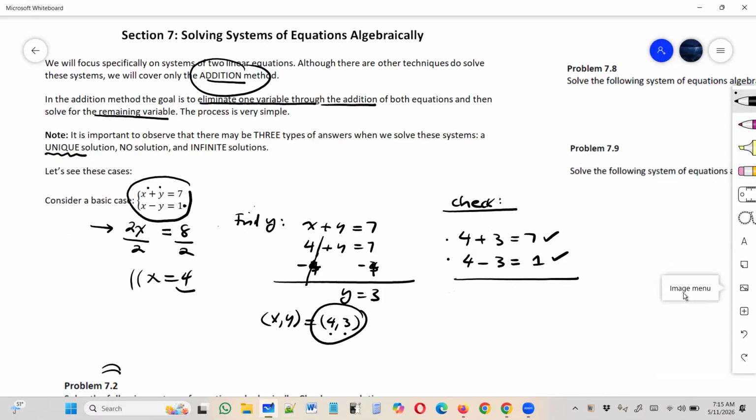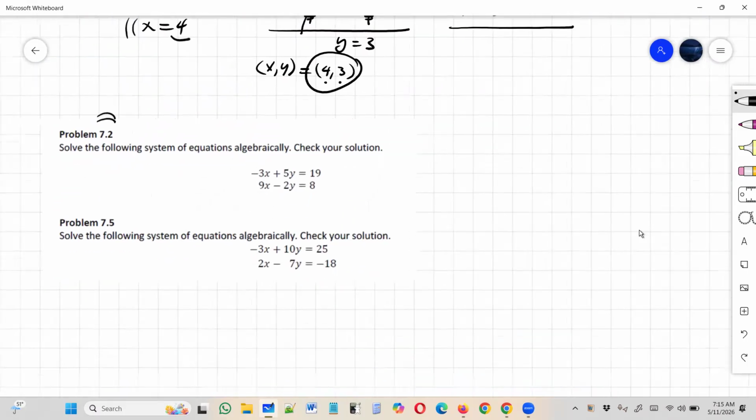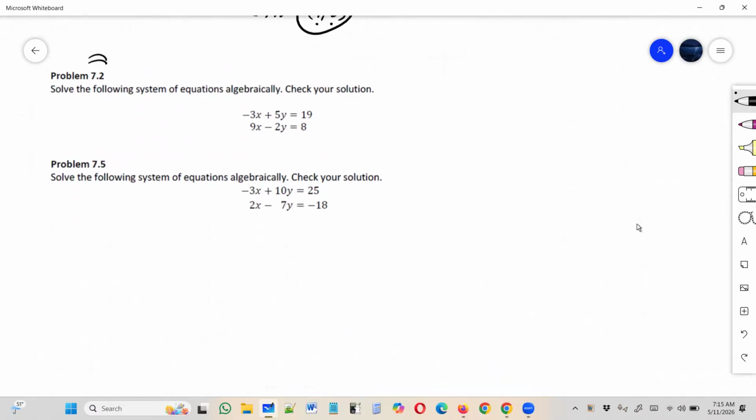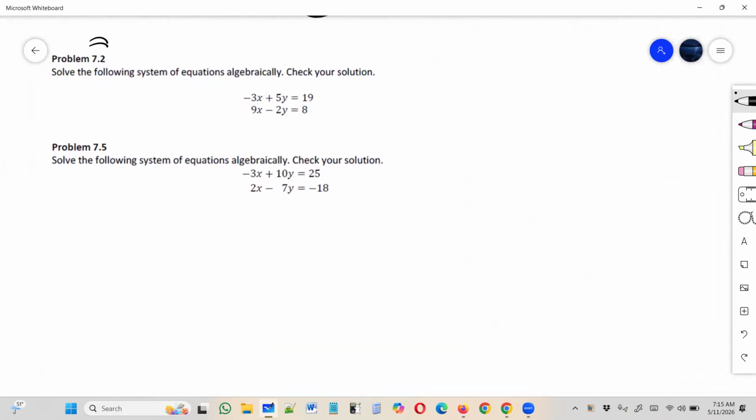Now, obviously, this example was extremely easy, and we're going to do a couple more that are more realistic of what you can expect for unique solutions. So these two are very good examples. We're going to do these two examples to show you what a normal system looks like.